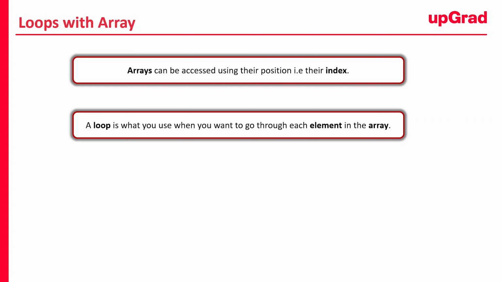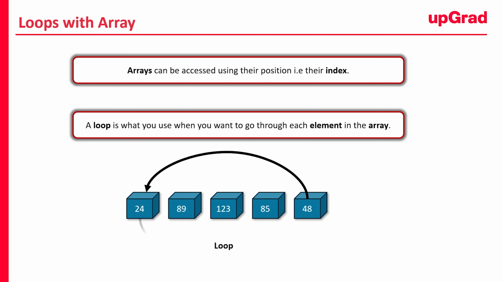For instance, if you have an array of numbers and you want to add them up, you would set up a loop through each number one by one. The loop knows how many times it needs to run, because arrays have a length, which is basically the total number of elements in them. In most cases, you would use something like a for loop or a while loop to go through the array. As simple as that.